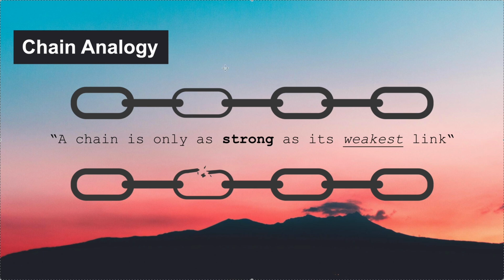Before we go any further, I want you to understand the chain analogy, as it will be very helpful when trying to round off digits. As you can see, we have a chain made up of seven links, or hooks.